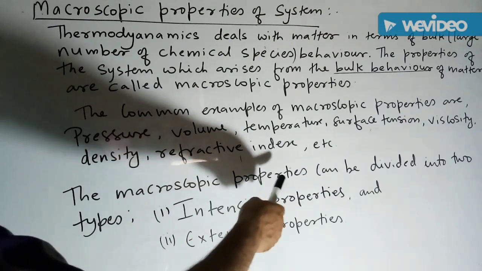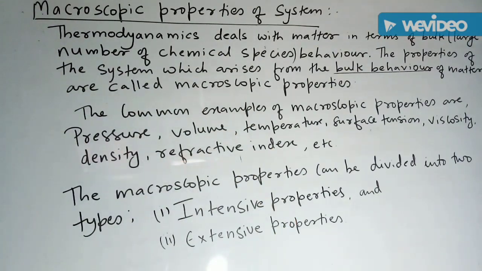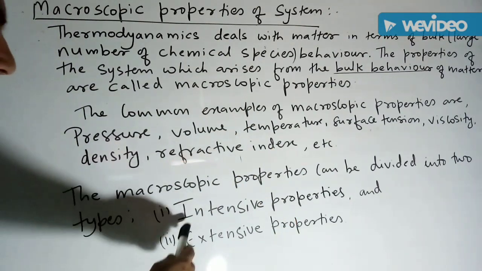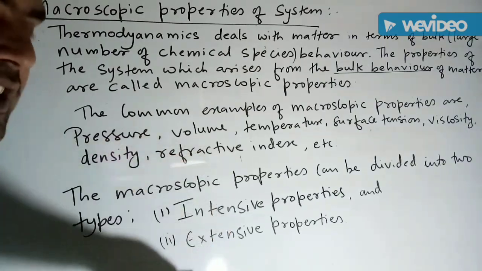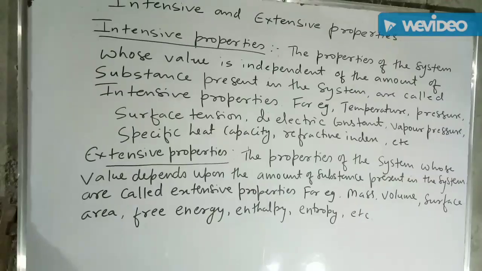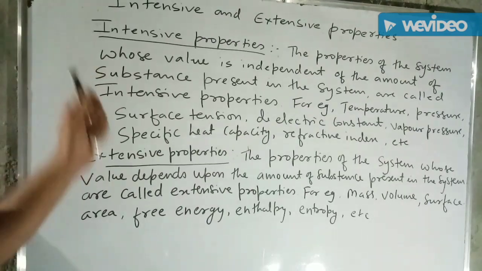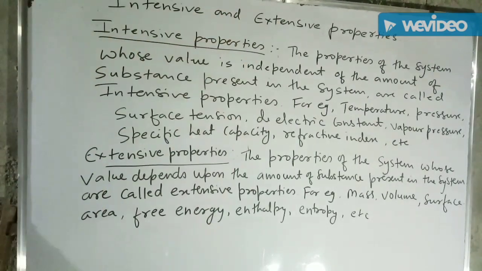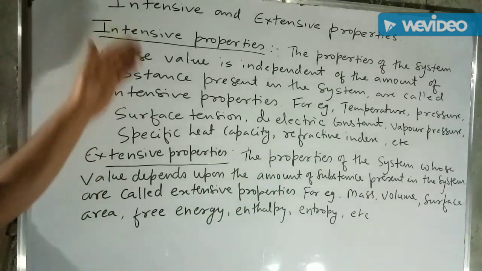The macroscopic properties can be divided into two types: intensive properties and extensive properties. What are intensive properties?